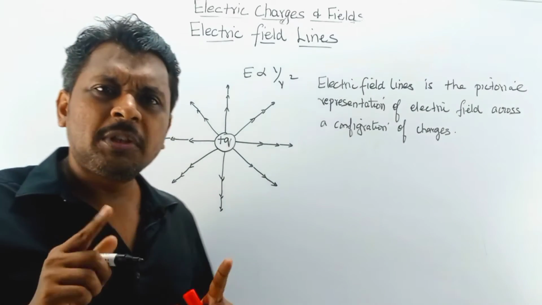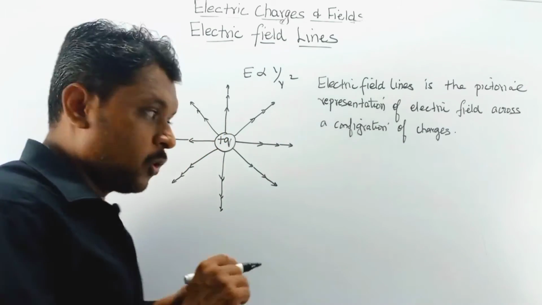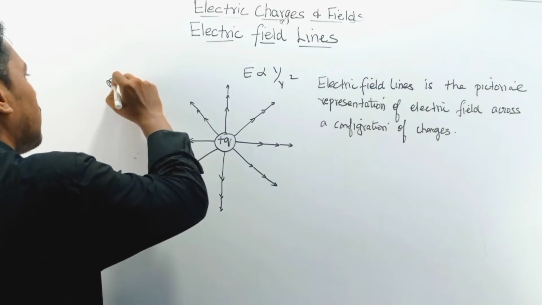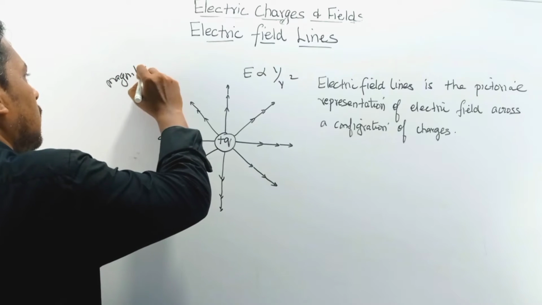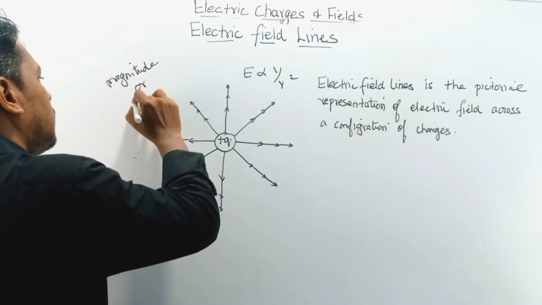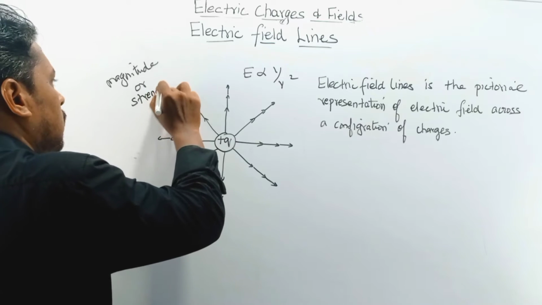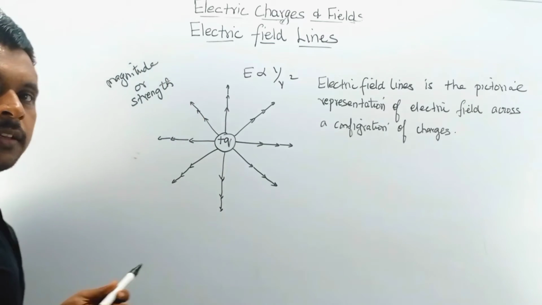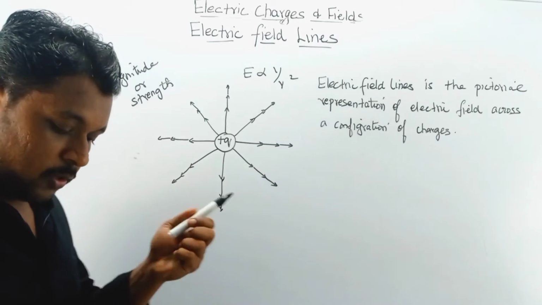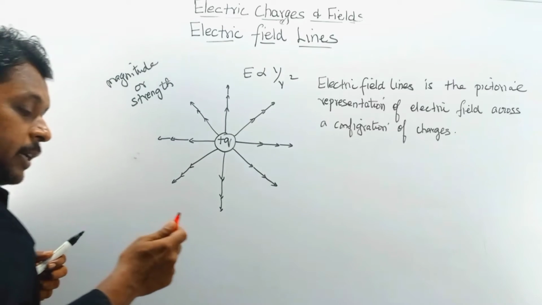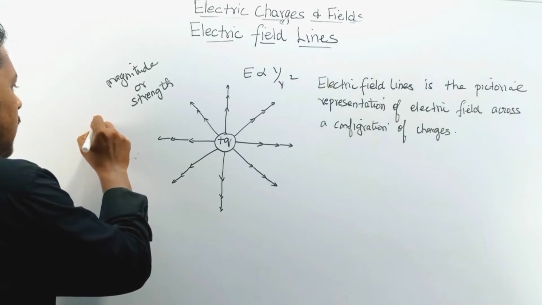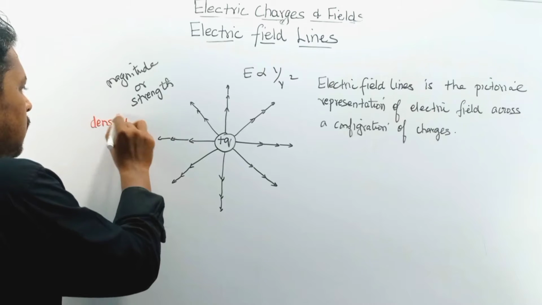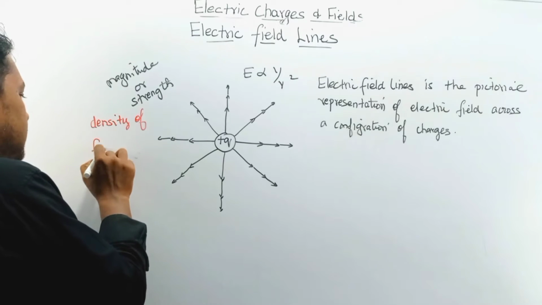Now what about the magnitude of the electric field? The magnitude or the strength of the electric field is given by the density of the field lines.